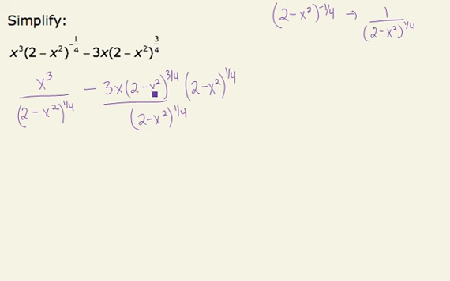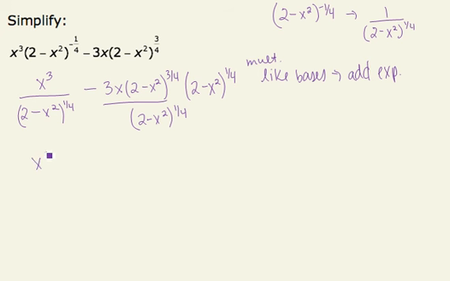You can see 2 minus x squared is a common base, and when you are multiplying like bases, you add their exponents. So 3/4 plus 1/4 will simply be to the first power.